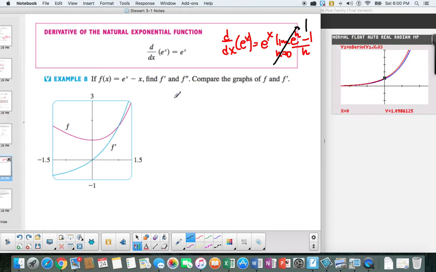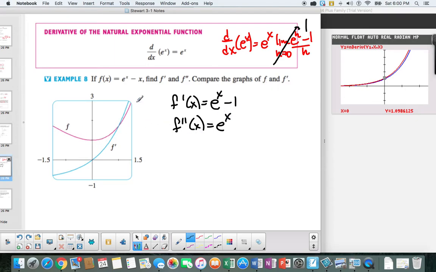All right, let's go ahead and graph the functions f and f prime, but we want to find f prime and the second derivative. So f prime of x will be equal to e to the x, which is itself, minus 1, and then the second derivative will be equal to e to the x. Okay, let's compare f and f prime.